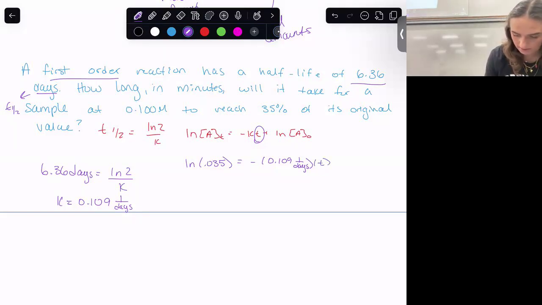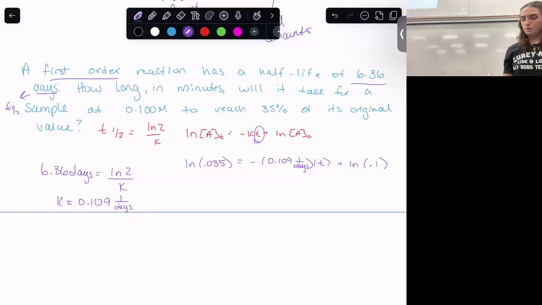We don't know t, so we're looking for t, and then we have ln of 0.1. You could plug in 1 and 0.35, you can plug in 100 and 35, you can plug in 0.1 and 0.035. It's just magnitude difference.